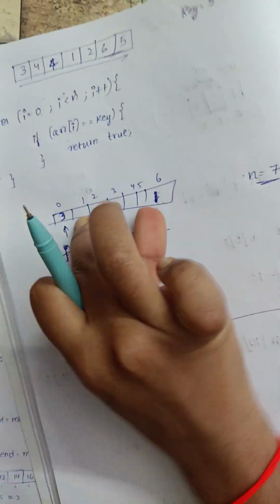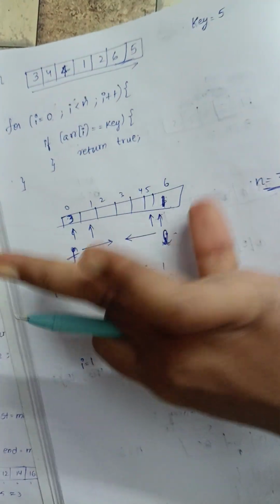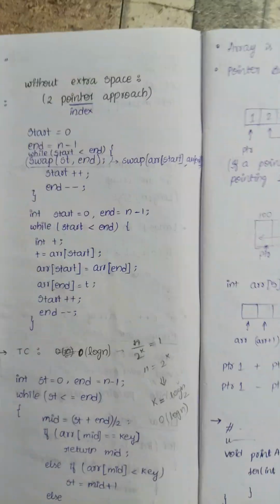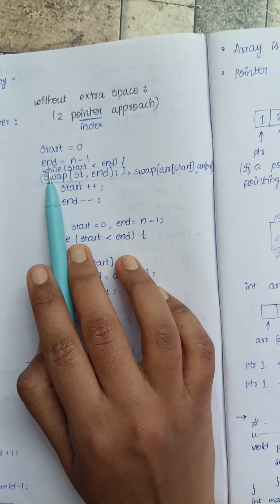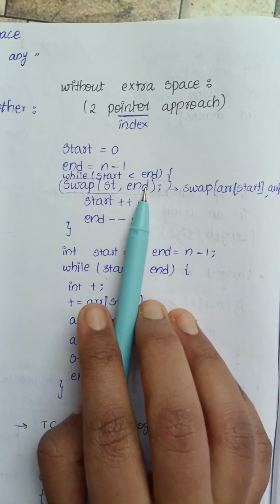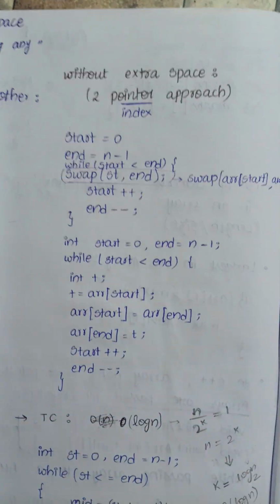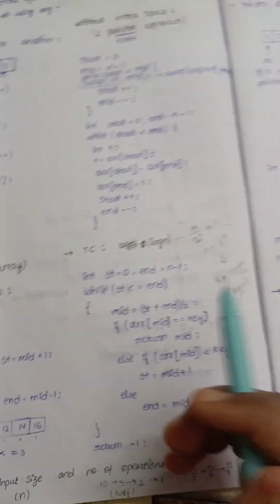When we keep swapping, eventually the entire array will get reversed. That is what we are trying to do in the 2-pointer approach. We take start as 0, end as n minus 1. We write code for while start is less than end, swap the values of start and end, and do start plus plus and end minus minus. This is how we'll write the code for reversing an array without extra space.